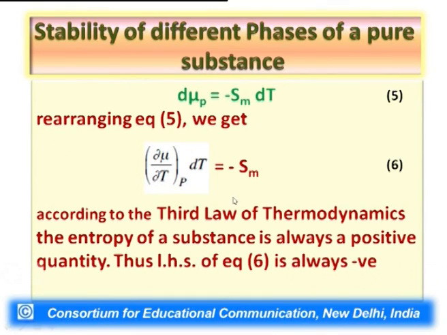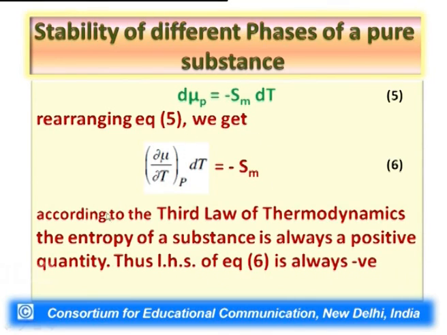If we rearrange equation 5 by dividing by dT, it becomes del mu by del T at constant P. Now, this dT is extra, this should not be there. The left hand side should be only del mu by del T at constant P equal to minus Sm. So, this dT is written here by mistake, let it be corrected. Therefore, what we have is this ratio, del mu by del T at constant P equal to minus Sm.